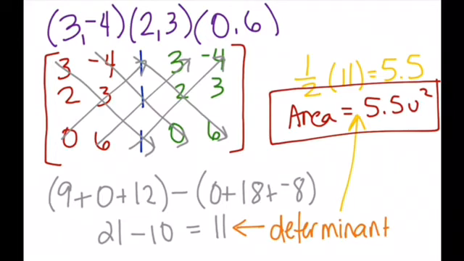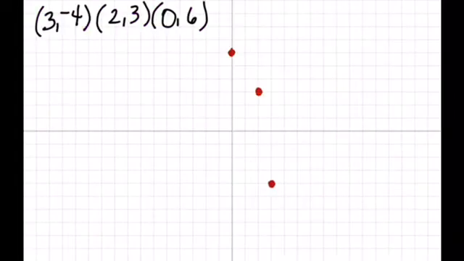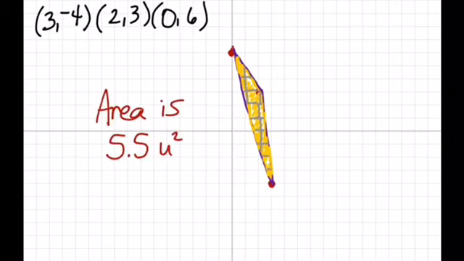Just to show you visually what we just did, if we take the three ordered pairs and graph them on a coordinate plane, and connect the dots to make a triangle, what I'm trying to do is find the area of my triangle, this shaded region right there. We would need to count up how many squares were in there, and if you did it very, very carefully, you would find that there are exactly 5.5 squares in that yellow region.